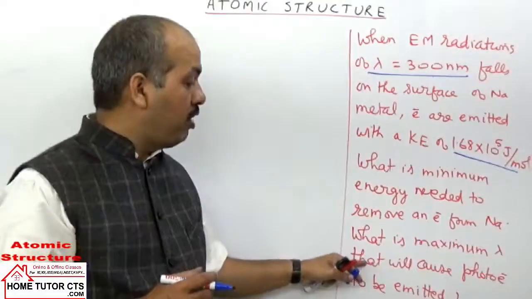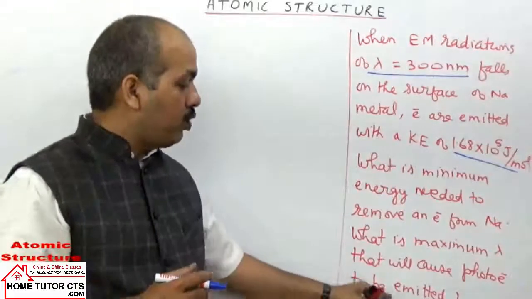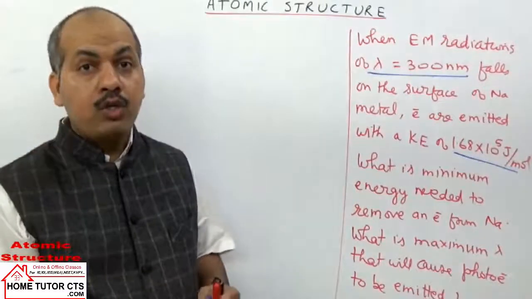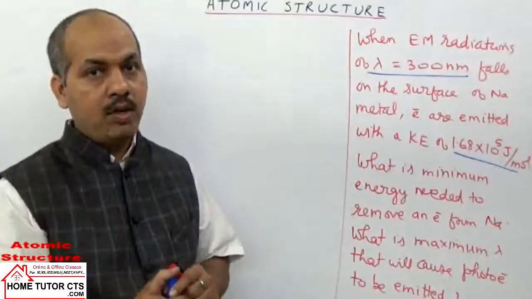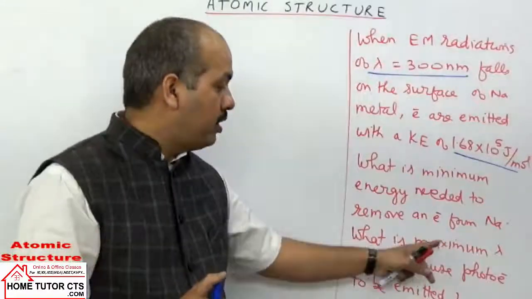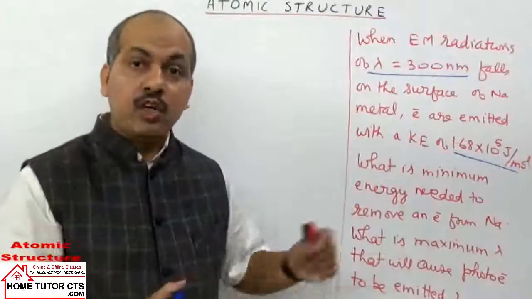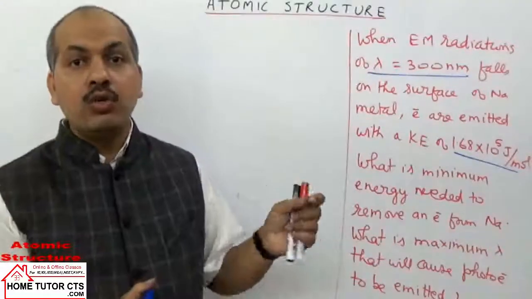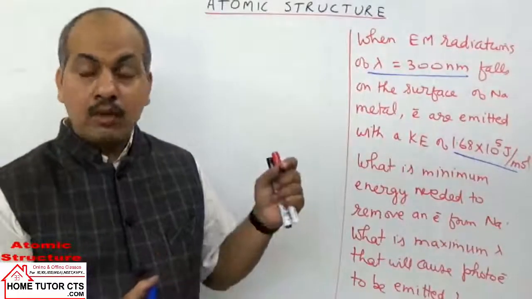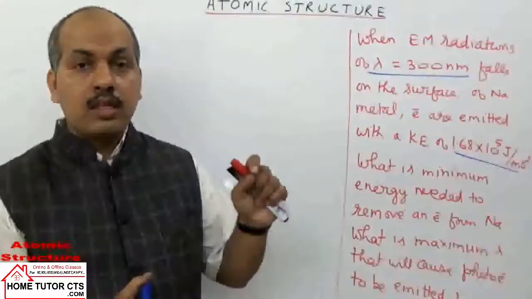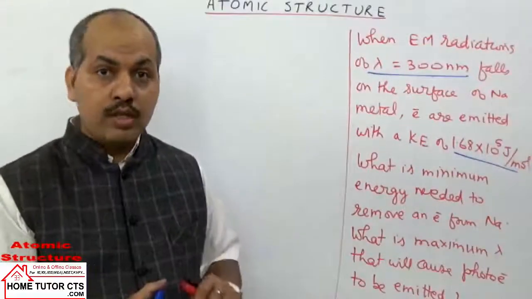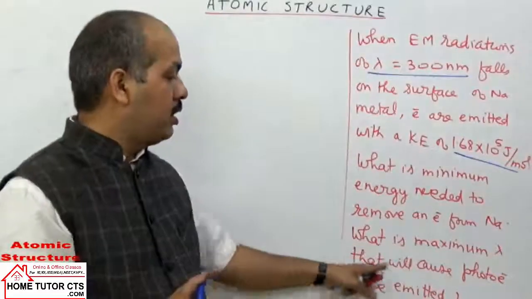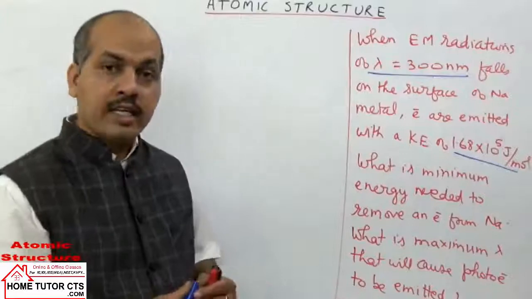And what is the maximum wavelength that can cause a photoelectron to be emitted? The wavelength which corresponds to the threshold frequency will be called the maximum wavelength. Lambda maximum means energy required is minimum. So how much energy is required minimum? h nu naught. So the wavelength which corresponds to threshold energy or threshold frequency will be taken as the maximum wavelength that can cause a photoelectron to be emitted.